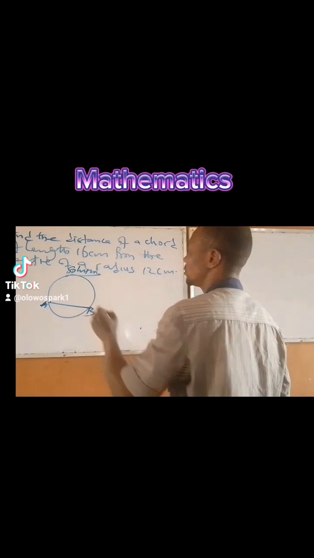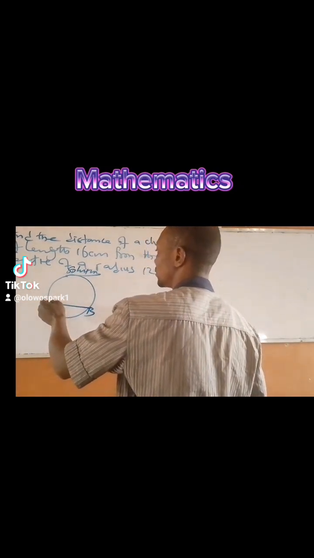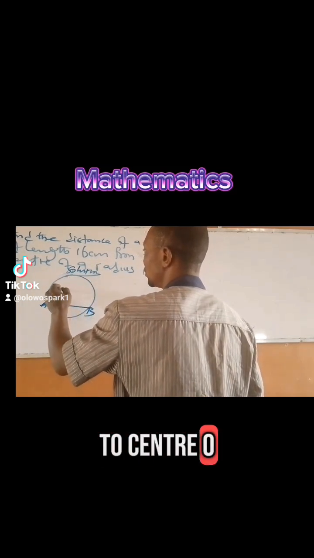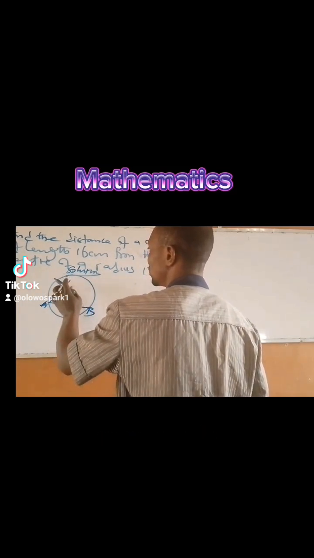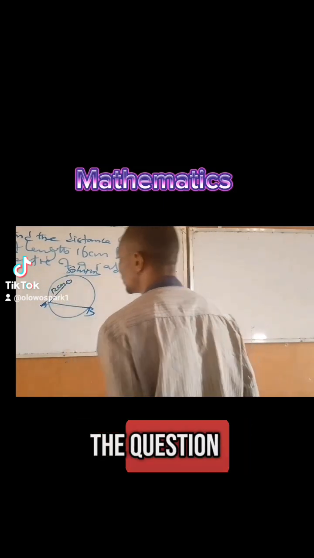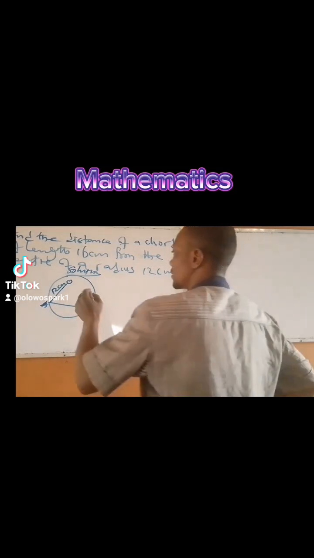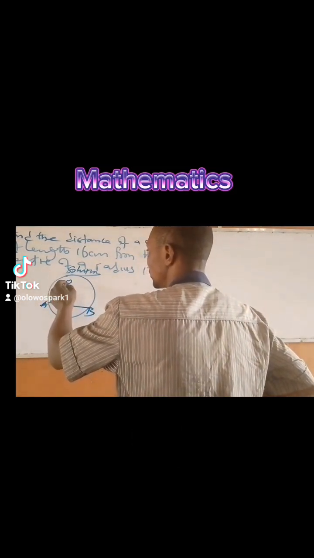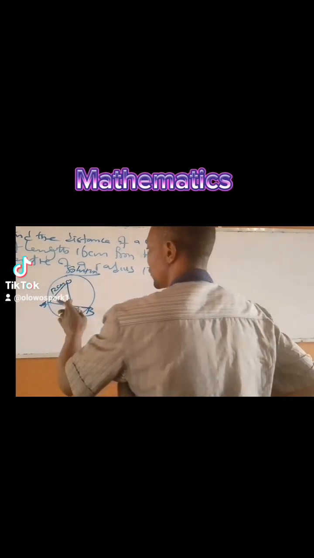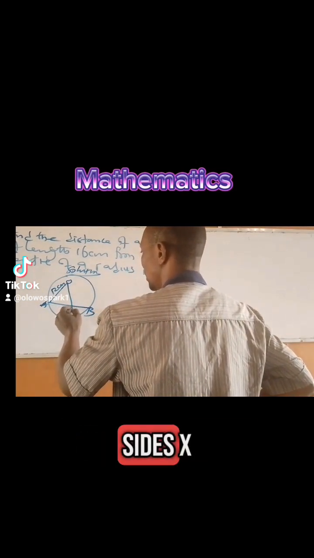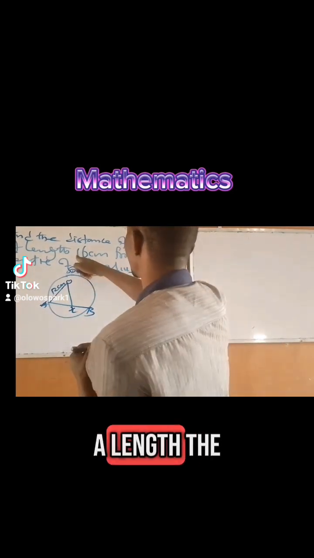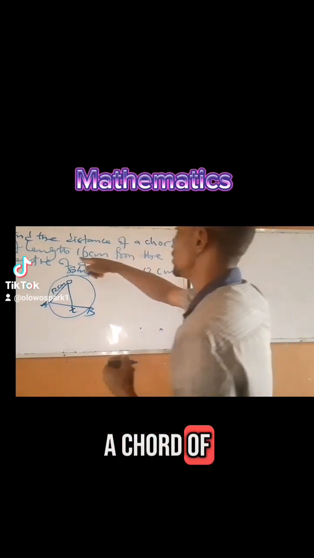Now this is a line. Let's call this one line AB, and maybe the center O. The question says 12 centimeter, and from here to here, let's call this side X. The line AB is the distance of a chord of length 16 centimeter.